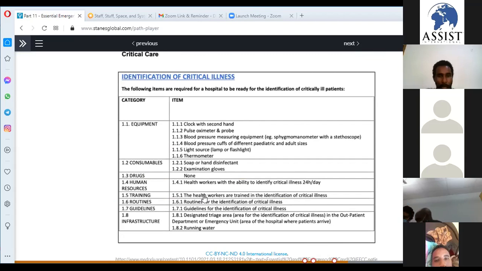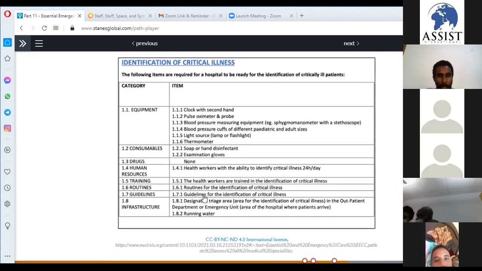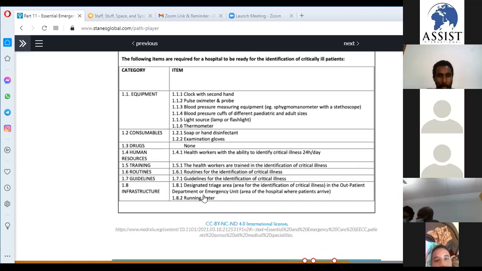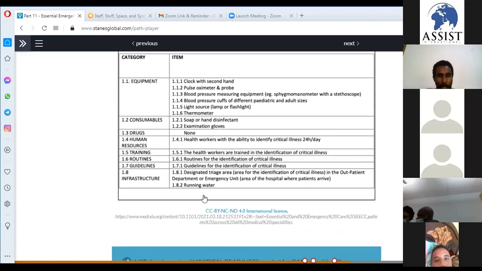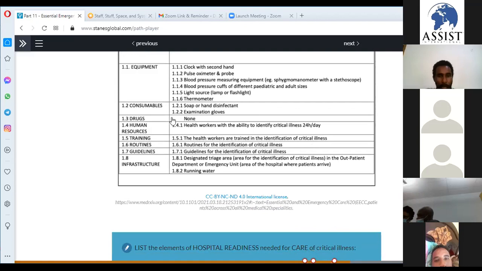As you can see, these are not that expensive and not that complex, so we can implement this essential care in every city. Every hospital can have this equipment.